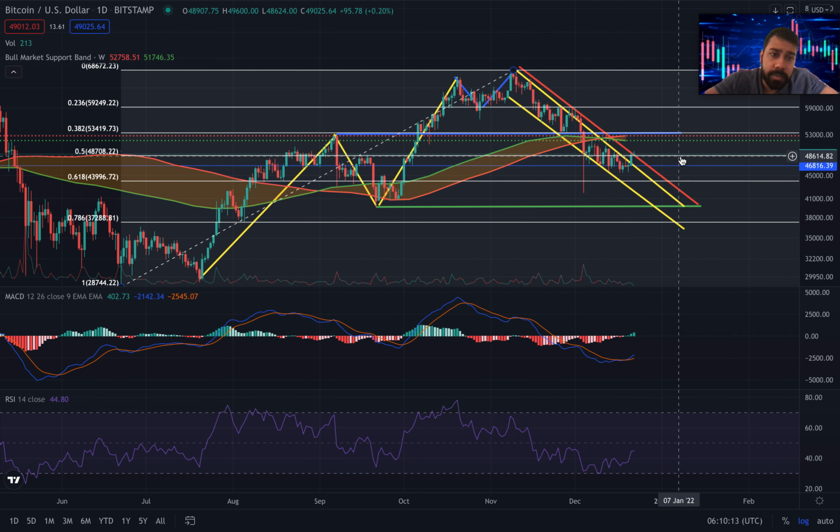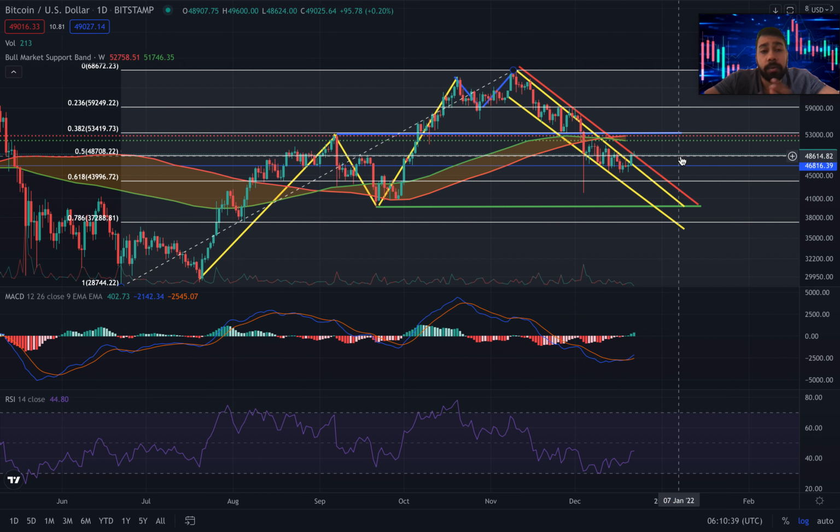Now our line in the sand to invalidate further downside is a reclaim of 53,000. So until we actually get above 53,000, 45,000 is still in play. Okay, it can happen, you know, we're in a very volatile market. Our weekly closure did suggest that we could see further downside.